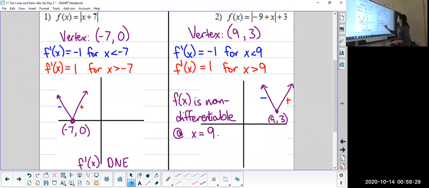Now, if you want the thorough explanation, add the thorough explanation. The limit as x approaches 9 from the left of the slopes, remember f prime of x is talking about the slopes, does not equal the limit as x approaches 9 from the right of the slopes.